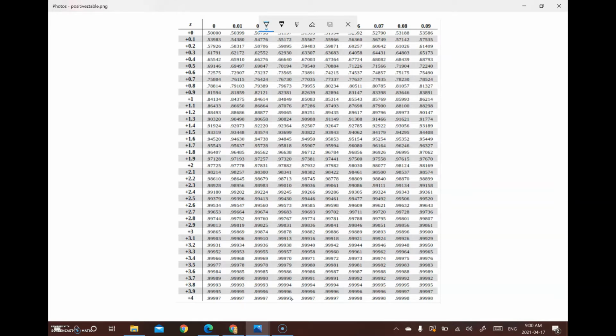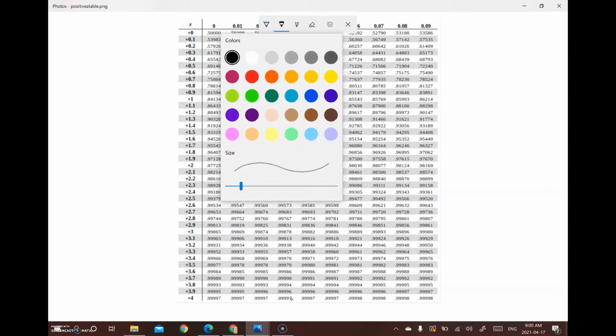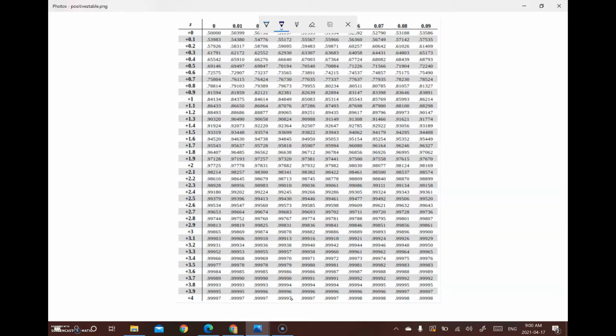If I was to draw our normal distribution, your average is in the middle. All these positive values are to the right of your average.